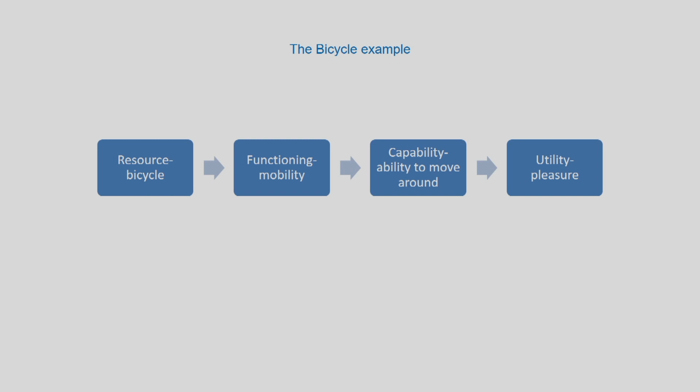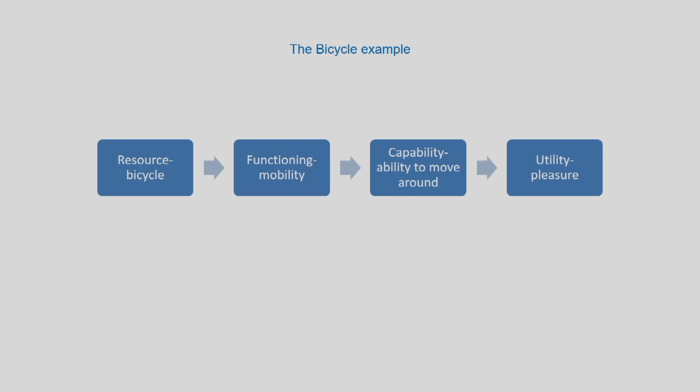A bicycle provides a good example of how these different concepts can be related: utilitarianism, basic needs approach, or resourcism, and capabilities approach. So, a person may own or be able to use a bicycle, which is a resource here. By riding the bicycle, the person becomes mobile, moves from one place to the other.